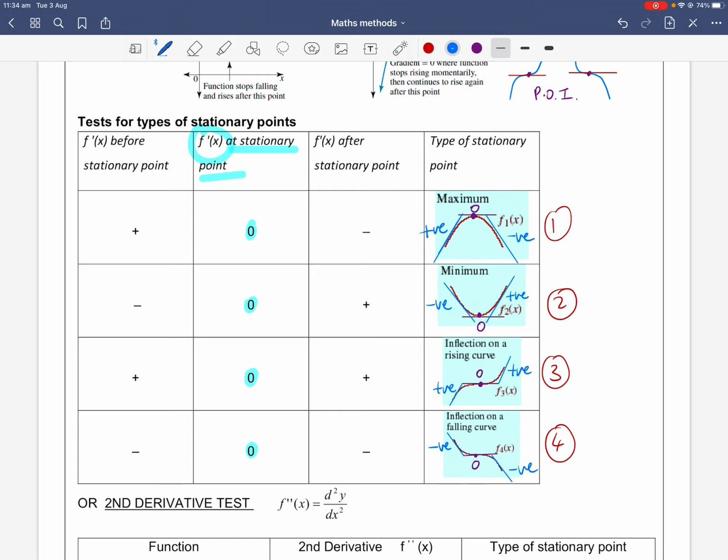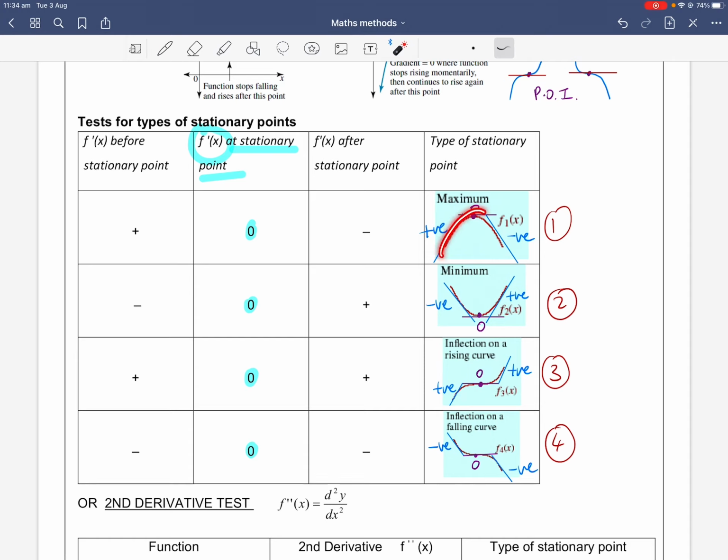So to solve for stationary points, we need to differentiate and set to 0 because stationary points are where the gradient of the tangents is 0, it's flat. Then we look at a little bit to the left and a little bit to the right of the stationary point and check whether the gradient is positive or negative, and we can then determine the type of stationary point we have.